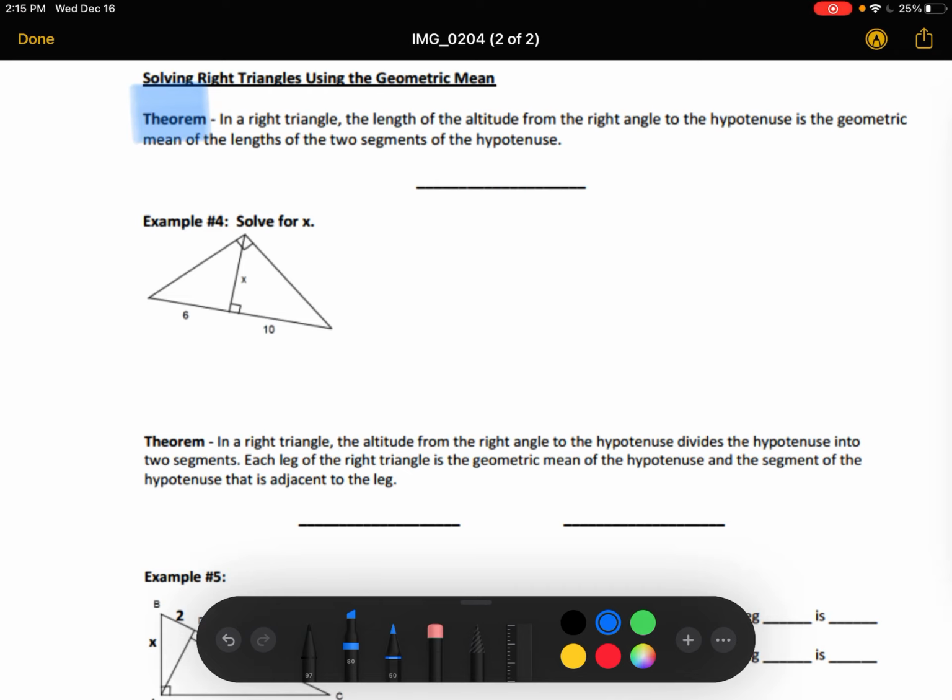So a reminder, the hypotenuse is our longest side. In green here, this is our altitude, and it's saying the geometric mean. So the answer to the geometric mean, remember, that was the x term that we set up like this, is the two numbers we see here. So if we take the geometric mean of 6 and 10, that's going to give us x.